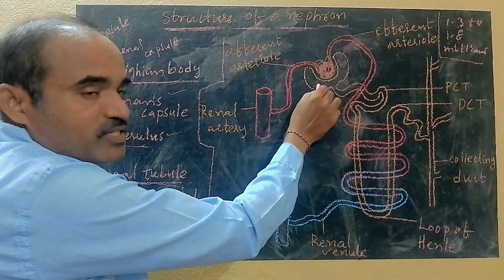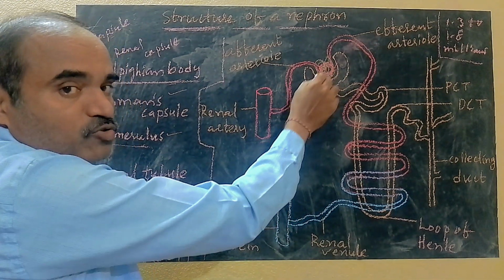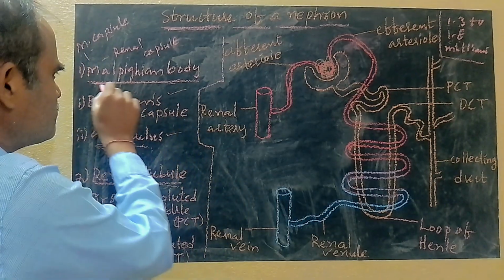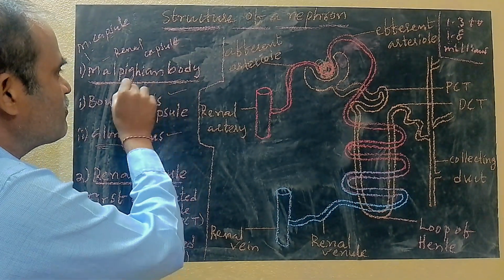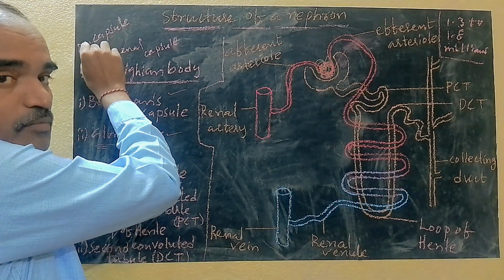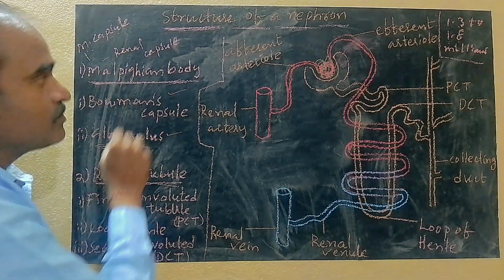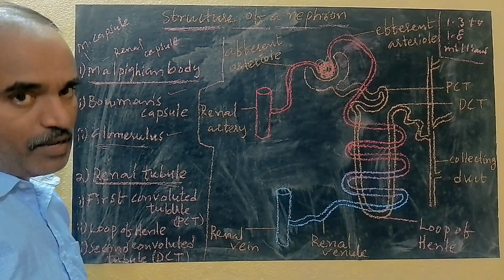Both Bowman's capsule and glomerulus together constitute the Malpighian body, also called the Malpighian capsule or the renal capsule.